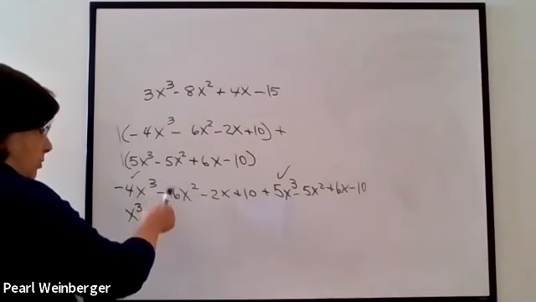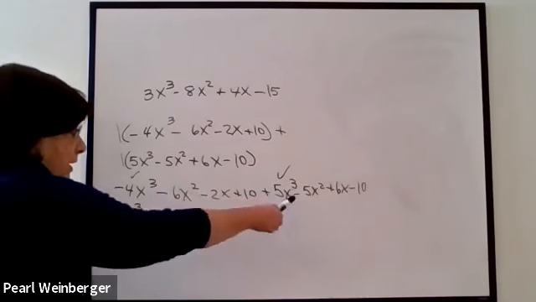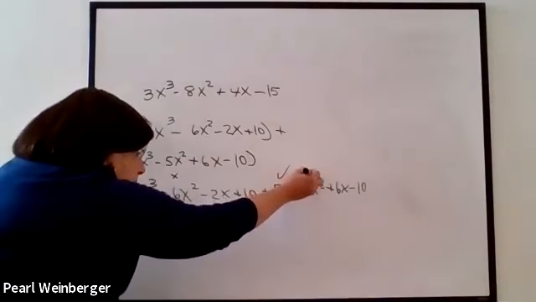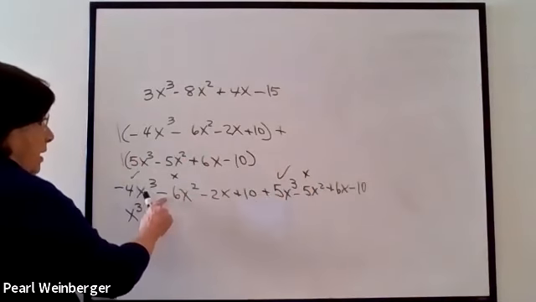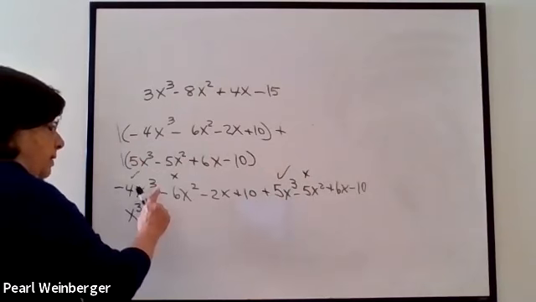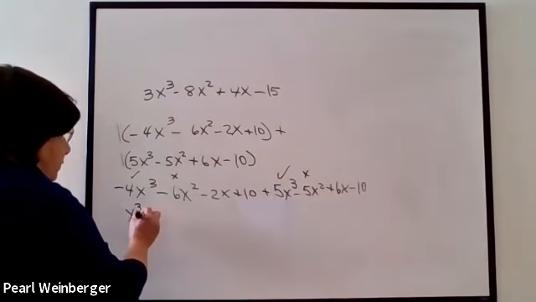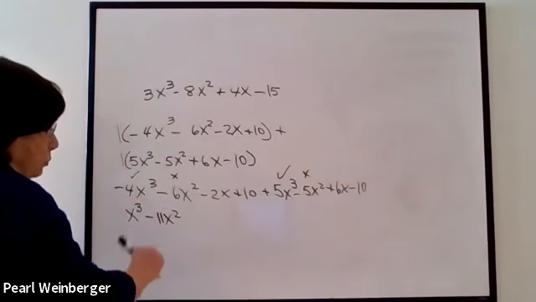Then I go to the next term. This is a negative 6x squared. Is there any other x squared term? And yes, there's a negative 6x squared and a negative 5x squared. Again, when I'm combining like terms, I just work with the coefficients. Negative 6 and negative 5 is negative 11. So that becomes negative 11x squared.